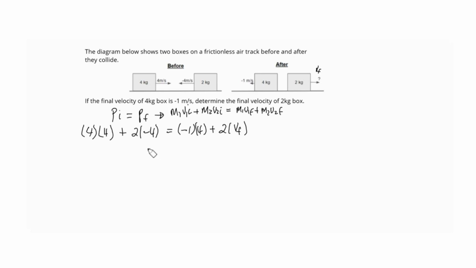I kind of skipped a step, so I just want to go back and fill that in. So that gives me 16 minus 8 is equal to negative 4 plus 2 VF. That gives me 8 is equal to negative 4 plus 2 VF. I add 4 to both sides.